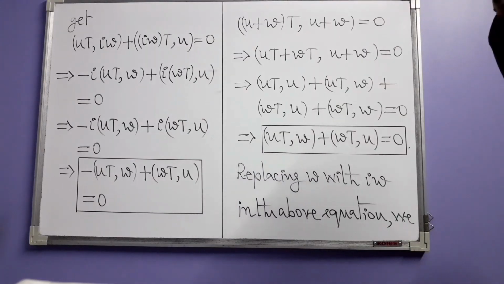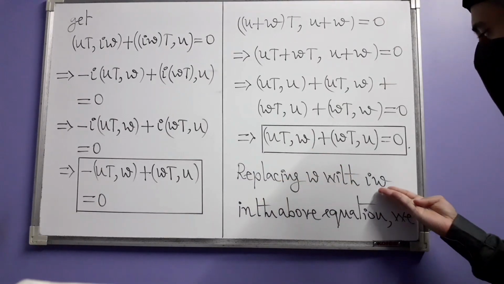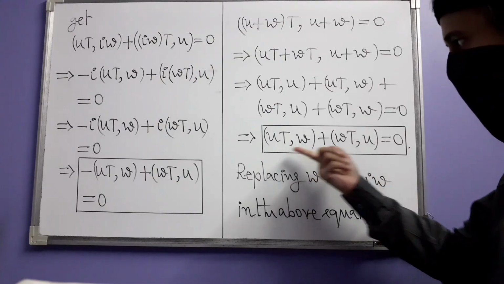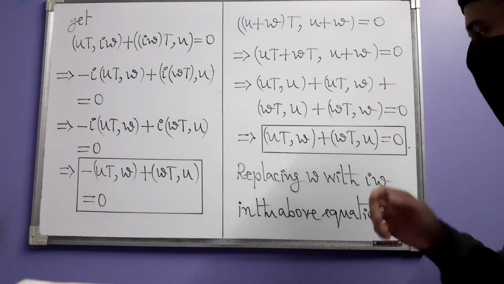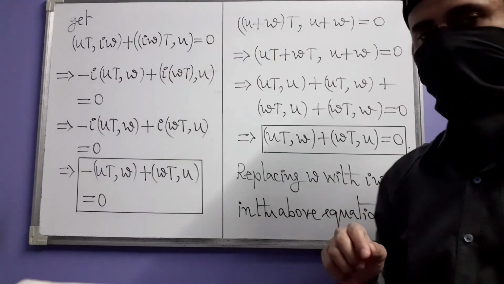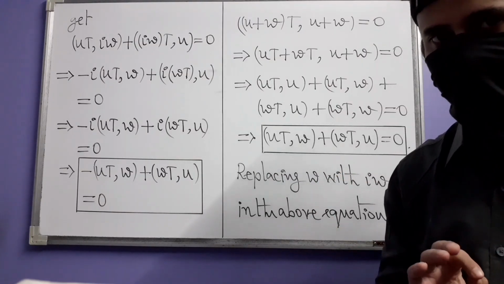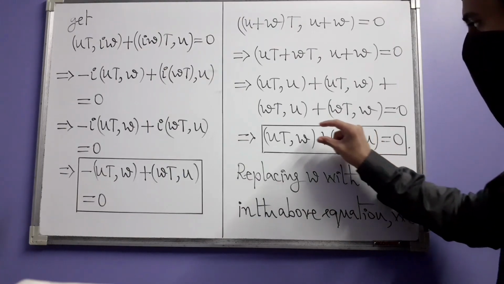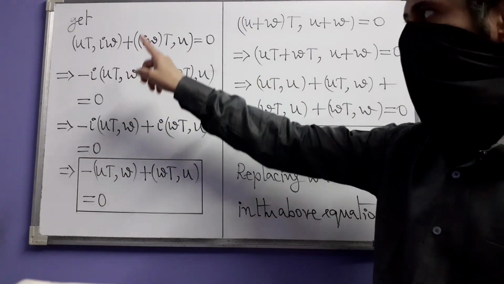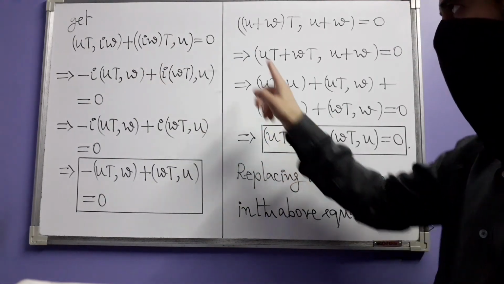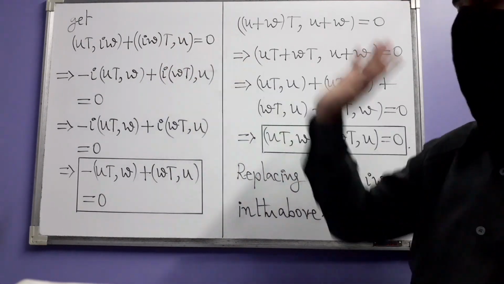Using the fact that w is arbitrary, we replace w with iw in this equation, and still it will be true. And do not forget that our underlying field of scalars is the field of complex numbers, so we have i available to us. So if you write iw in place of w, this is what you are getting: (uT, iw) plus (the T image of iw, u) equal to 0.